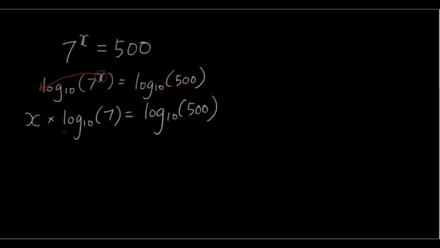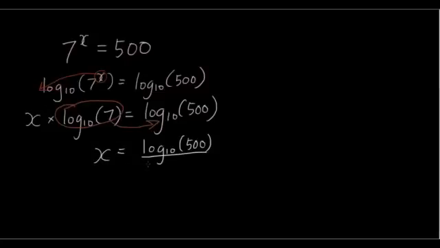Now if you remember how to rearrange equations, we can now move the log base 10 of 7 to the other side of the equal sign, and this will make it x equals log base 10 of 500 divided by log base 10 of 7.